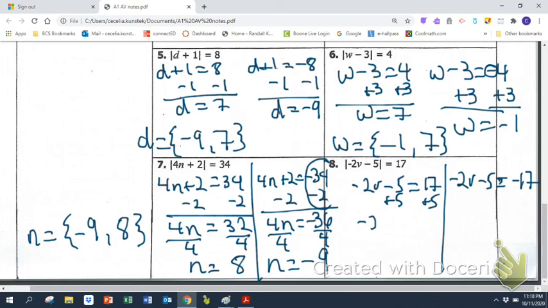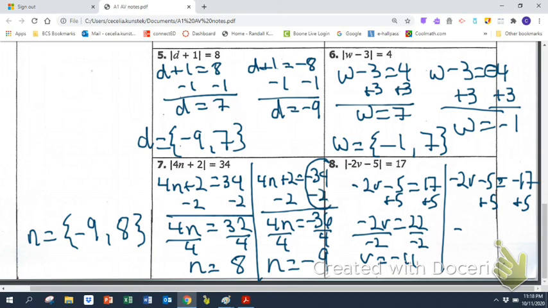So we have a negative 2v is equal to 22. We're going to divide by negative 2 on either side. So we know that v is equal to a negative 11. And on this side, we're going to add 5 to either side.